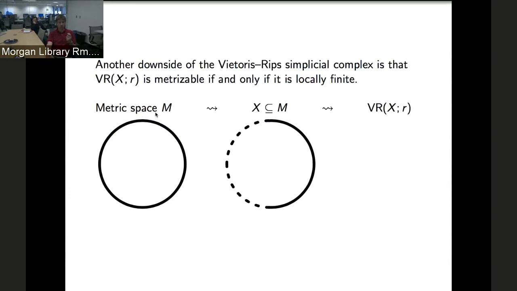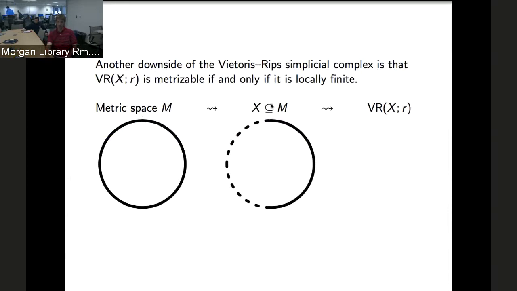Unfortunately, we started with a metric space, and this Rips complex on the right-hand side is often not metrizable. So a topological space is metrizable if you can put a metric on it without changing the homeomorphism type, without changing any of the open sets. So a simplicial complex is metrizable if and only if it is locally finite, where locally finite means that each vertex is only contained in a finite number of simplices.